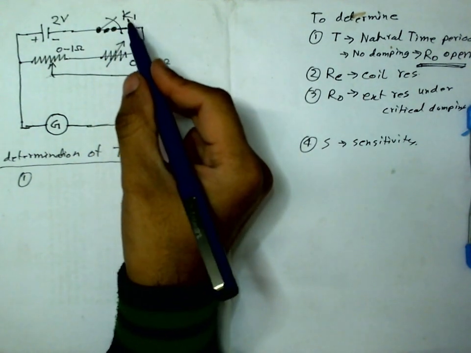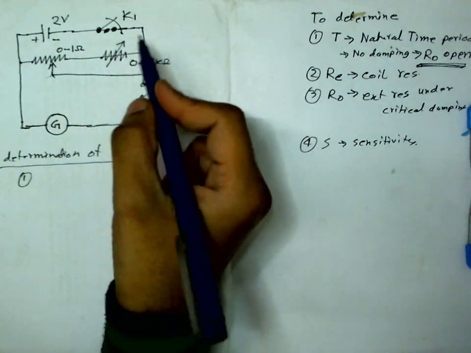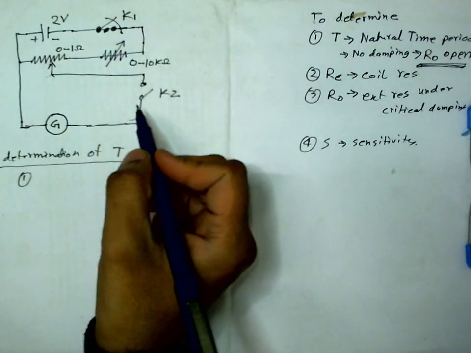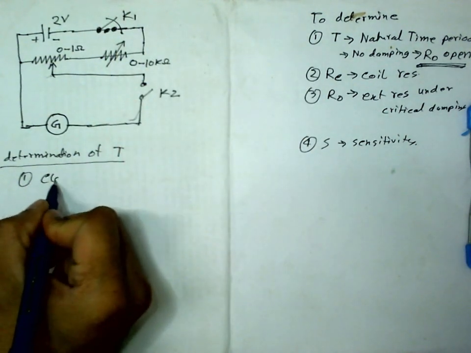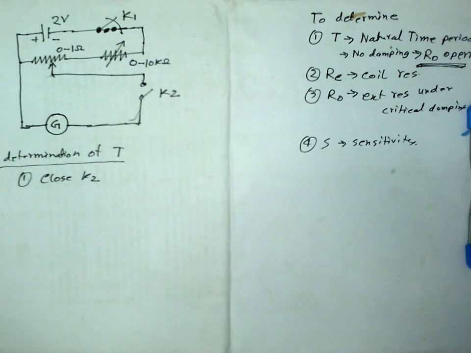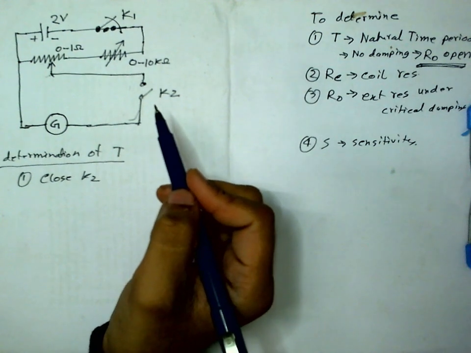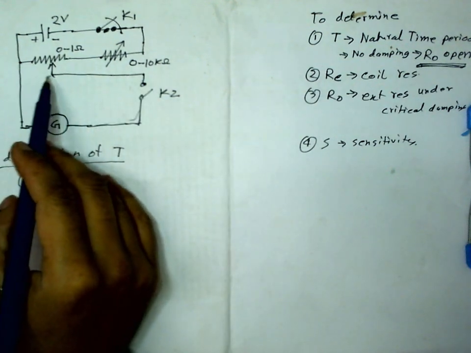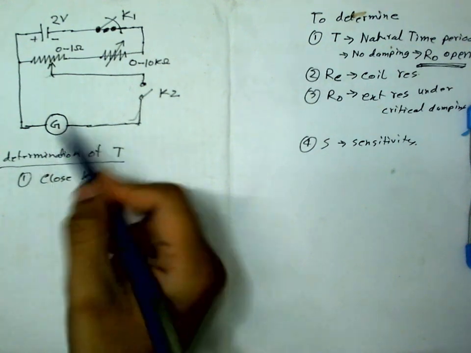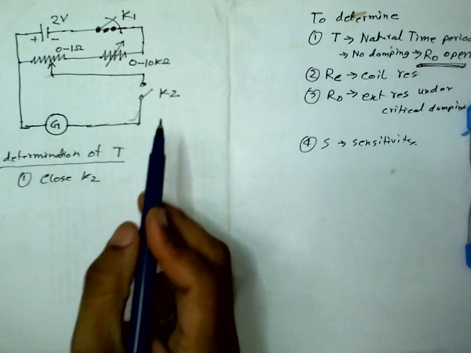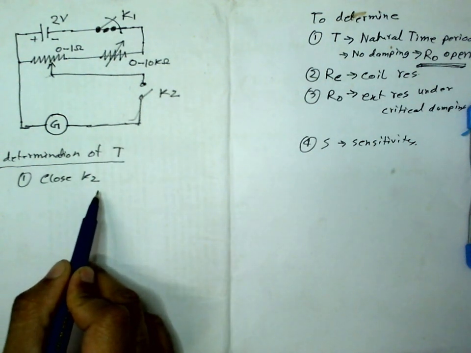You can keep K1 always on. You'll only lose some power, or it's fine otherwise. Now K1 is always on, fine. Now close K2. If you close K2, then current will flow through the galvanometer, and you can adjust this jockey to have a desired amount of deflection or desired amount of current through this. But the important thing is, first close this K2.